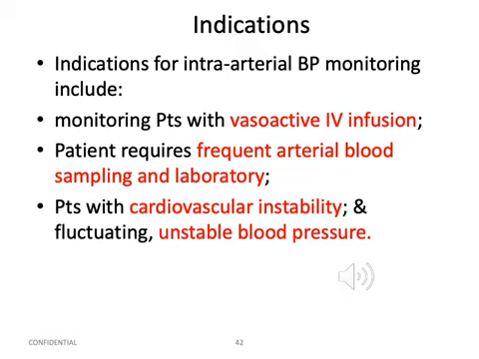Patients with cardiovascular instability, because as we said it measures the blood pressure, so it gives you an idea about the stability of the cardiovascular system if there is fluctuation. Usually any patient with unstable blood pressure needs continuous monitoring of the blood pressure, so they may need insertion of an arterial line.